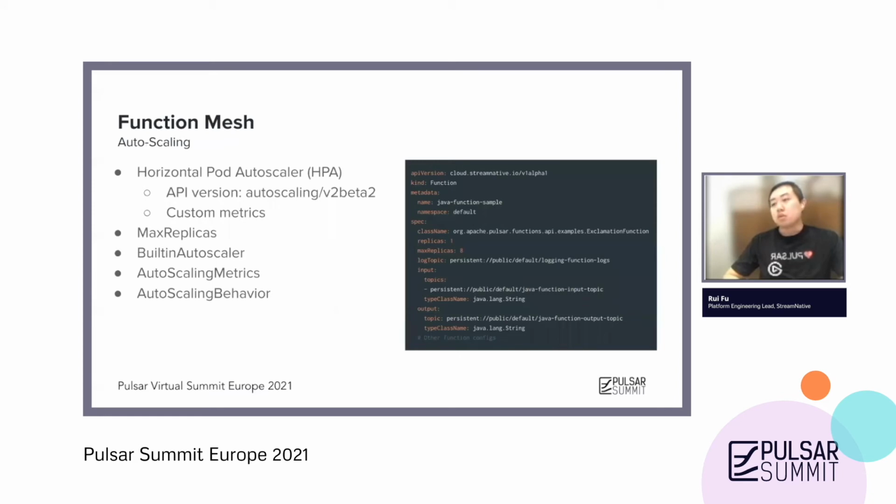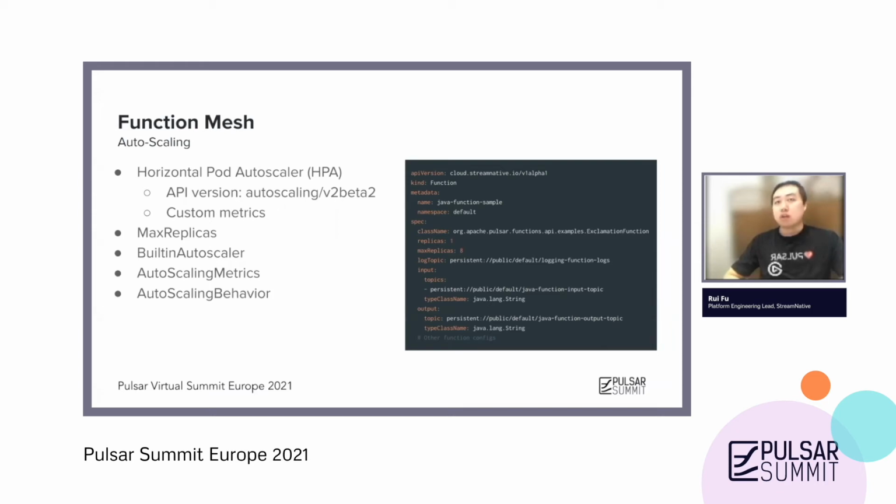With the native support of Kubernetes, Function Mesh can have the abilities provided by Kubernetes, like auto-scaling. Based on the Kubernetes Horizontal Pod Autoscaler, users can submit a CRD with max replicas defined, and the related HPA will be created to do the auto-scaling based on different resources and metrics.